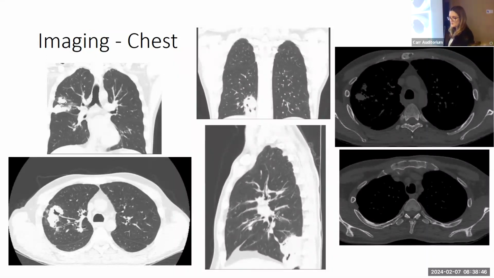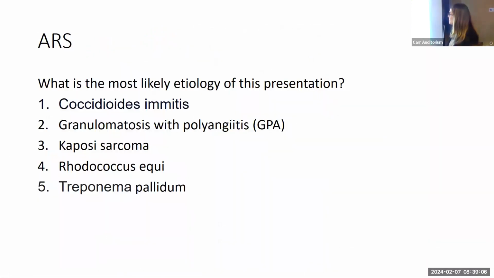So the CT read was multiple pulmonary nodules with associated dilation of the adjacent airways, and additionally, multiple lytic lesions, most notably in the sternum and the right coracoid process, as well as in the left seventh rib. So very unusual constellation of findings here.